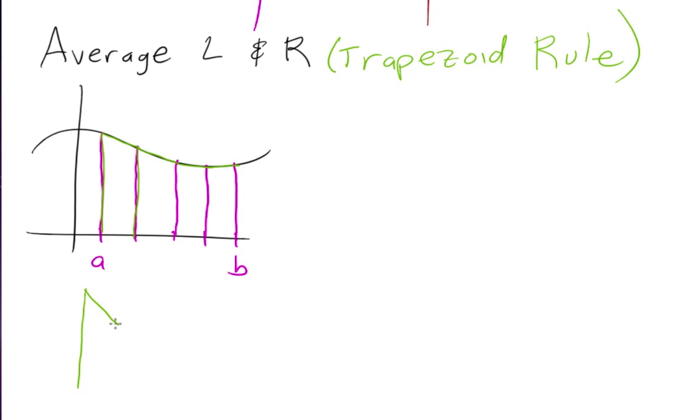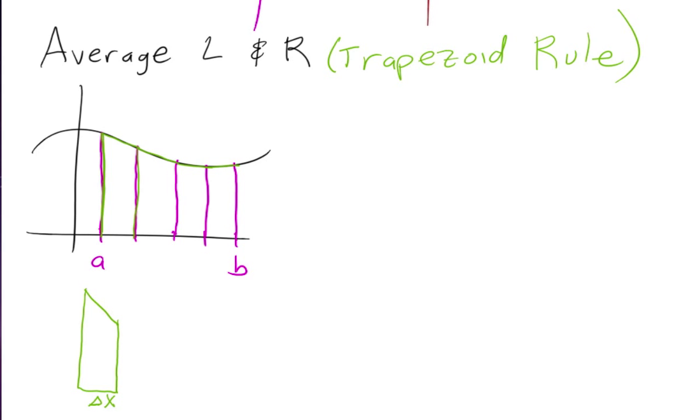Okay, and then how do you find the area of this trapezoid? So what's the base here? Delta x. Okay. So notice that I grabbed this first one. What I just drew is this trapezoid right here.